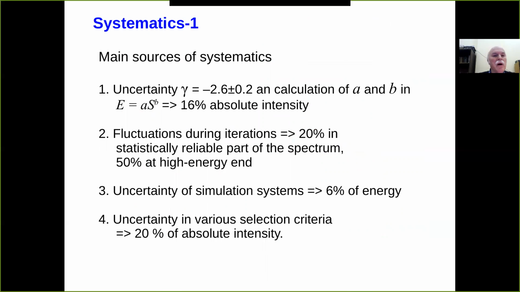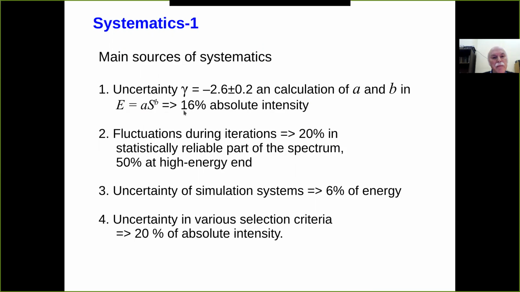Now some words about the systematics of the spectra obtained by reconstruction with deconvolution. There are a number of different sources of systematics, and the main ones are the following. First, it is the uncertainty of the spectral index gamma used in reconstruction of the A and B parameters to reconstruct the single energies.